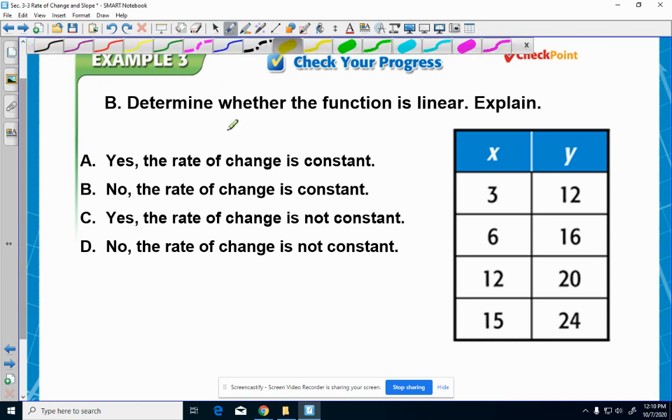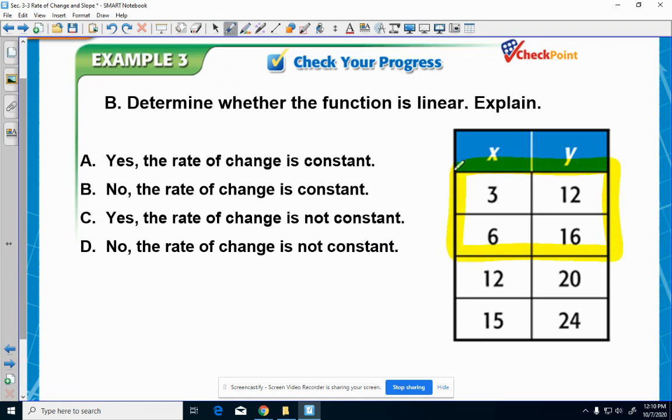If you look at the first rate of change, what's that first rate of change right there? Change in y over change in x. What is it? 4 over 3. But as you move to the next one, do you know what that one is? It is 4 over 6. So immediately right there, it's out, right? What about this one? That one's back to 4. Yeah. All right. So that one works.